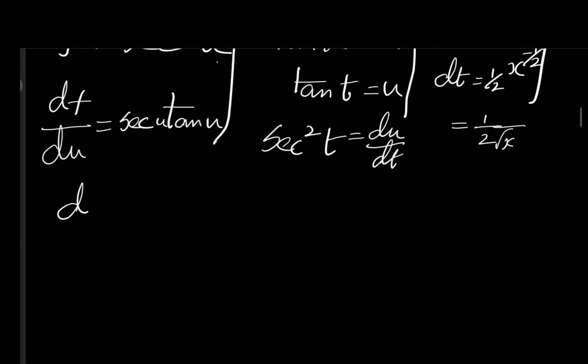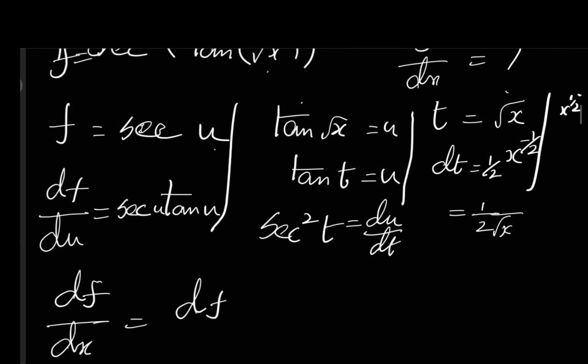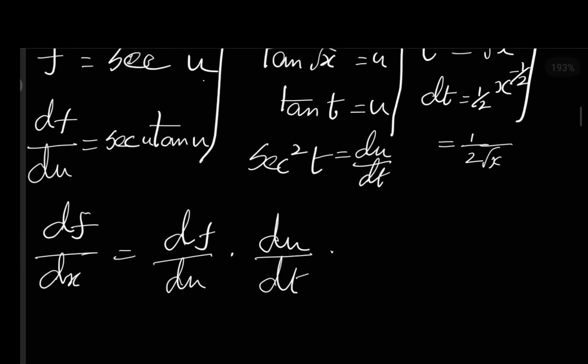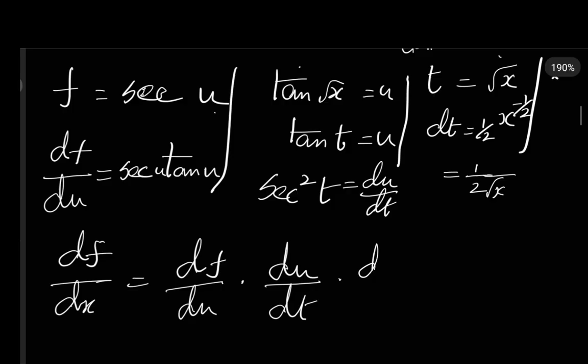So find df by dx. f is a function of u, so df by du. Then u is a function of t, so du by dt. And then t is a function of x, so dt by dx.